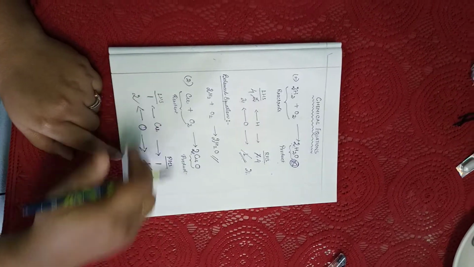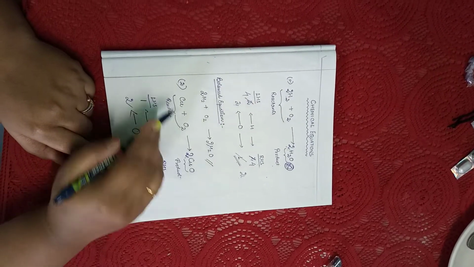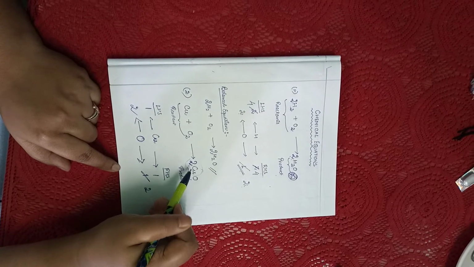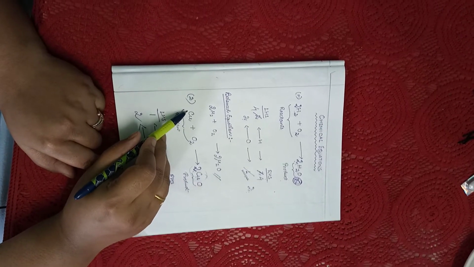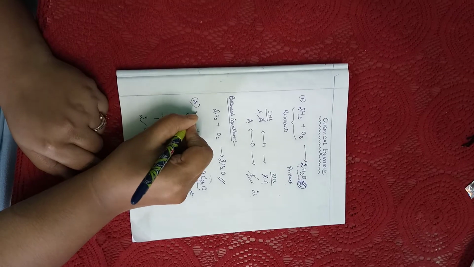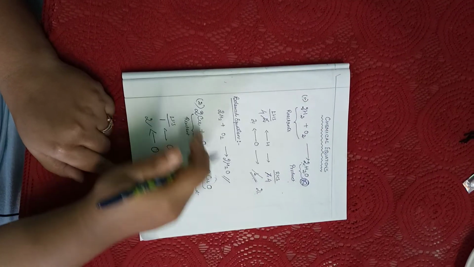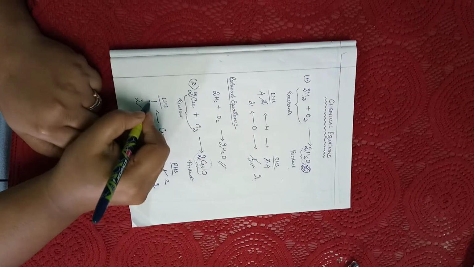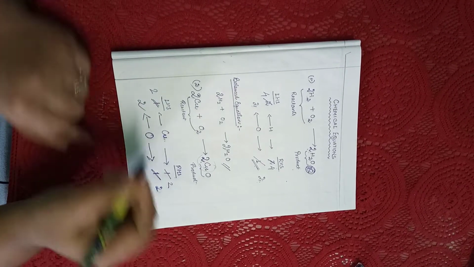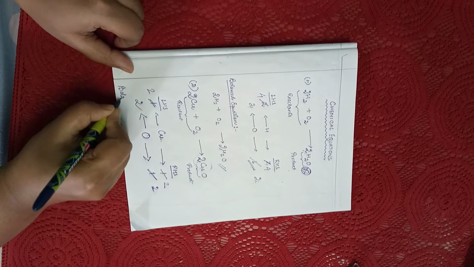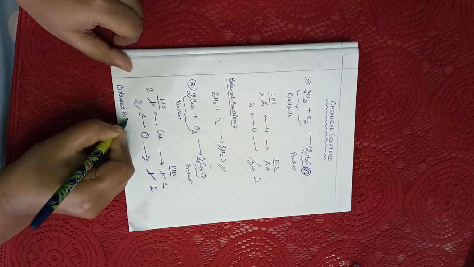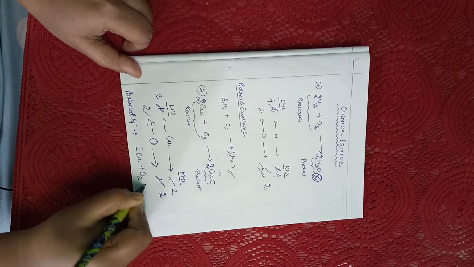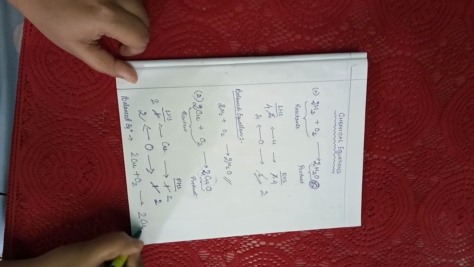Now oxygen becomes 2 on both sides, but copper also becomes 2 on the left hand side because right hand side already you have 2 in front of copper, so you need to place a 2 here also. So you need to place a 2 here if we want to balance both the sides. So now right hand side copper is 2 and left hand side also copper is 2. So your new balanced equation will be something like this: 2Cu plus O2 produces 2CuO.